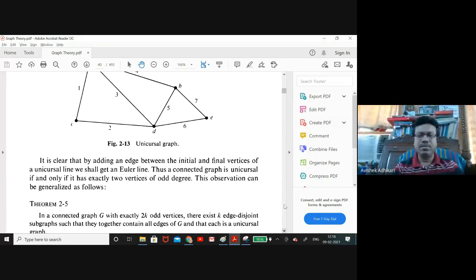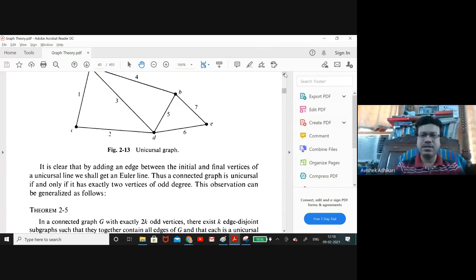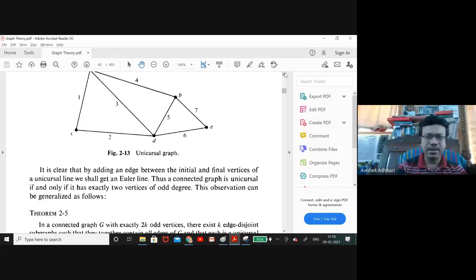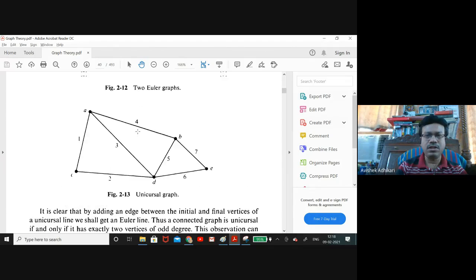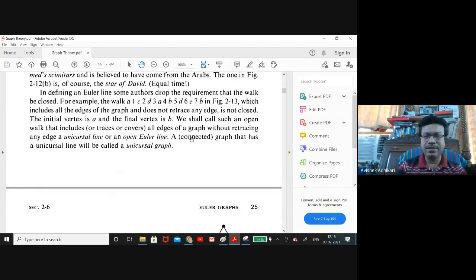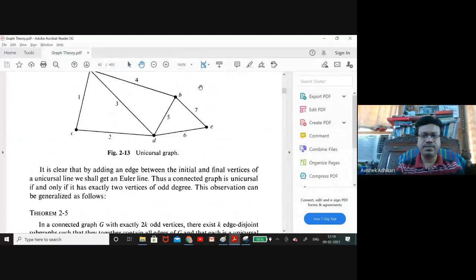Suppose you started from vertex A and end up at B, but explore all the edges exactly once. That means it may not be a closed walk. One formal name for this kind of line is a unicursal line, and the graph having it we call unicursal.